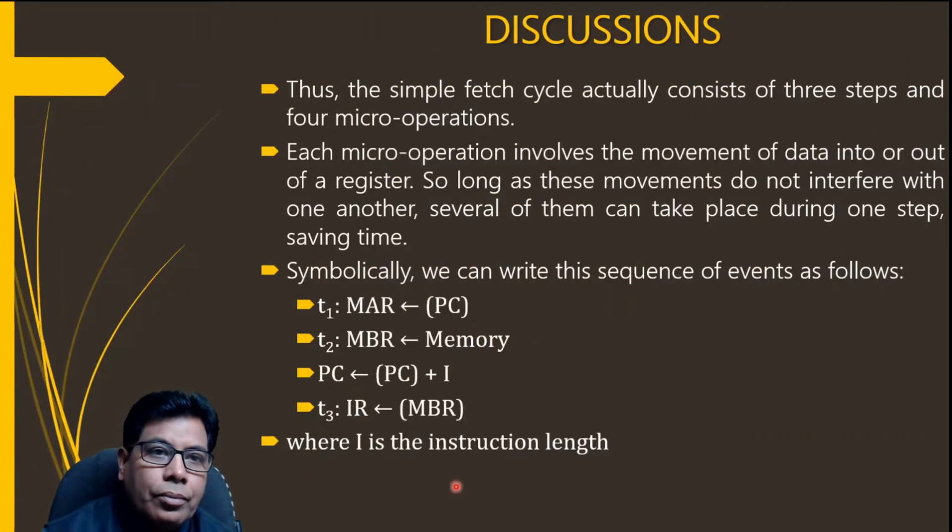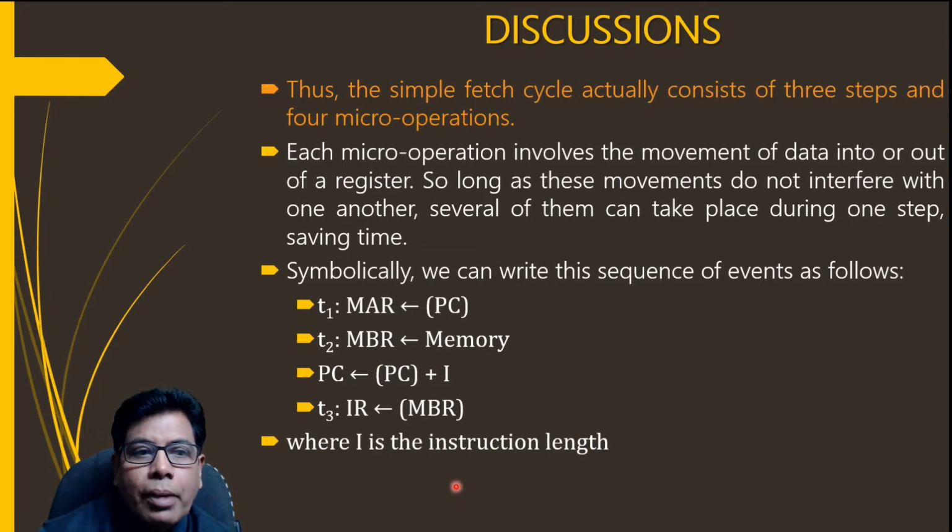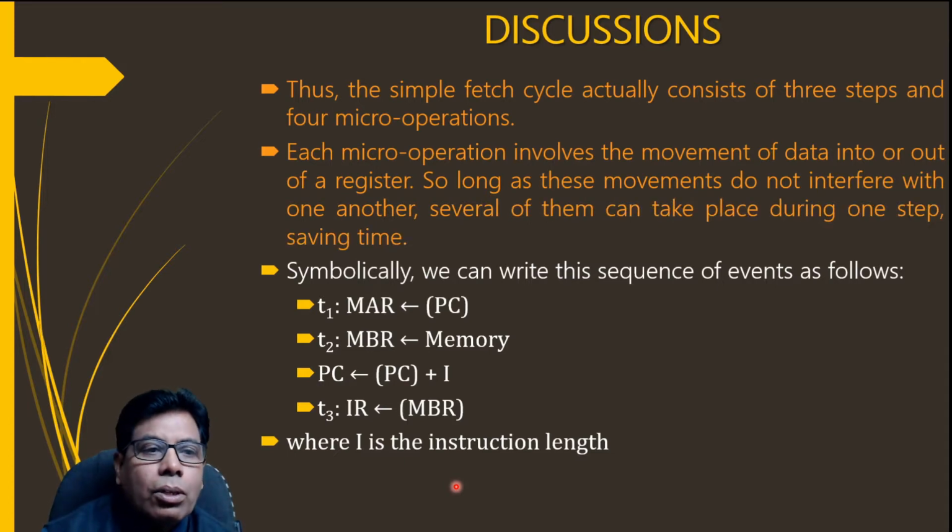Then let us have the discussion on this. A simple fetch cycle consists of 3 steps, but there are 4 micro operations. Each micro operation involves the movement of data into or out of a register.